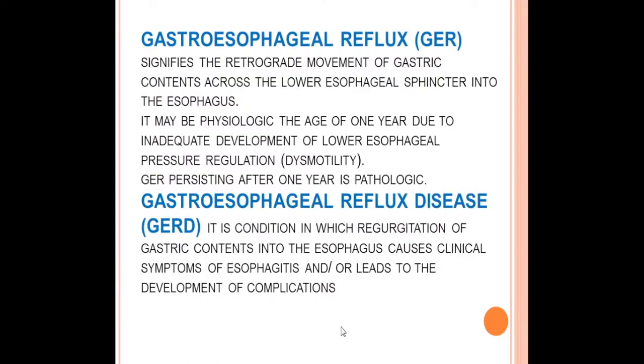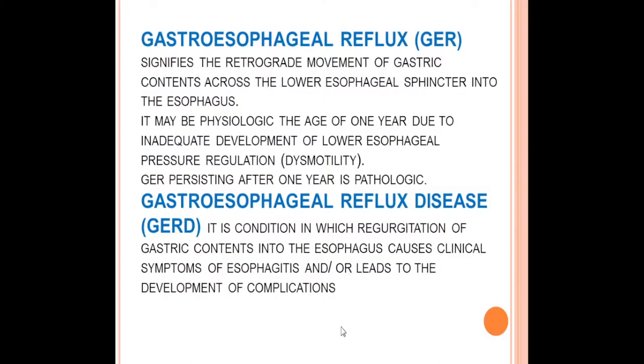It may be a variant of normal, but gastroesophageal reflux after 1 year is pathology. The sphincter must be normally developed, the function of the stomach must be normally developed after 1 year, and children can eat without regurgitation.